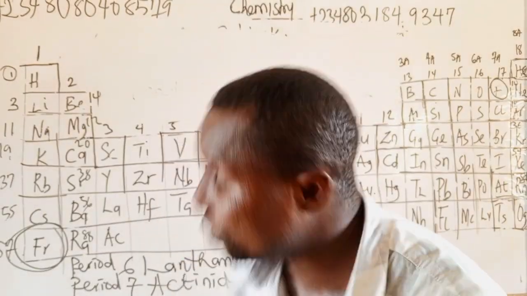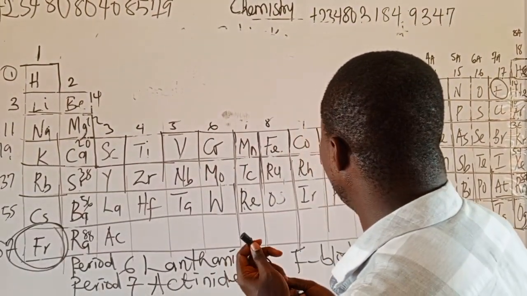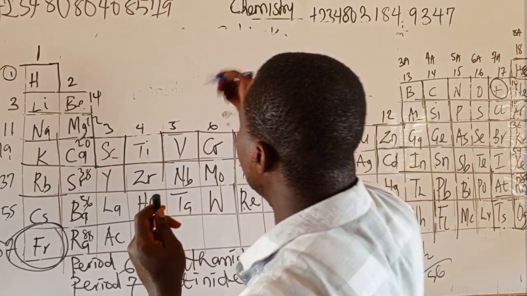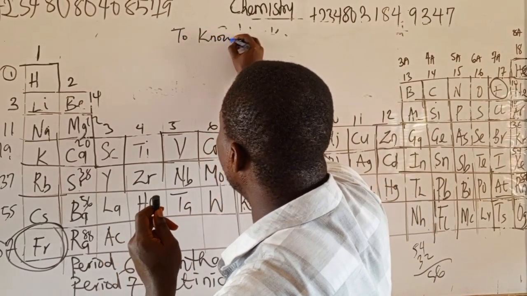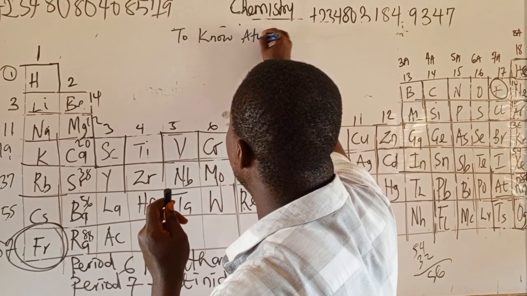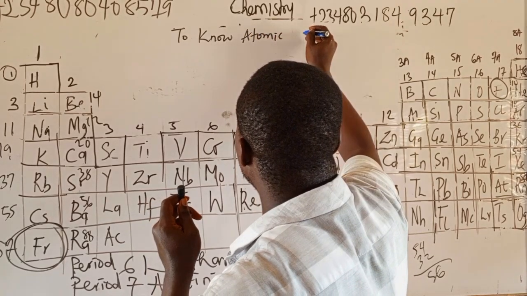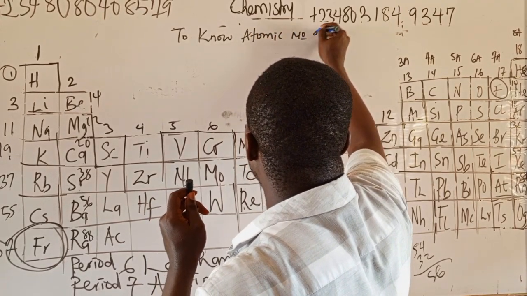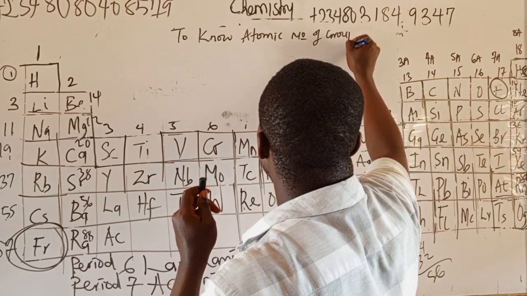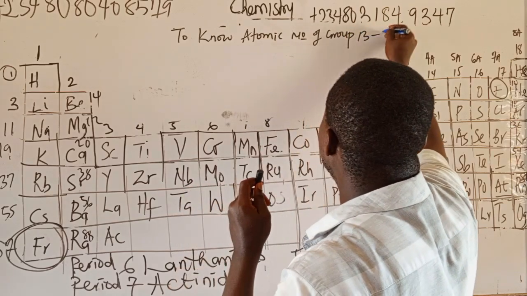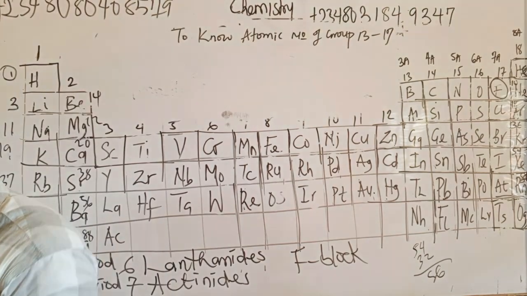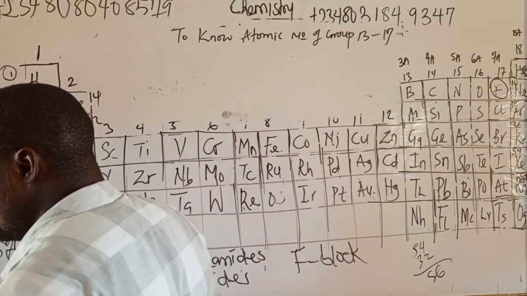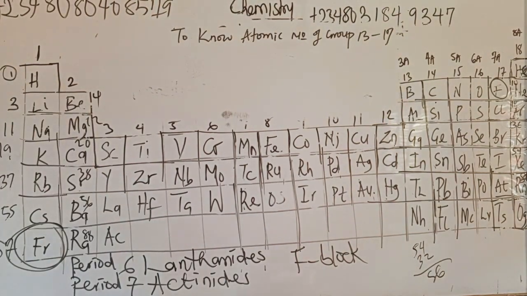Before we move, let me quickly explain transition letters, and how to know the atomic number. To know the atomic number of group 13 to 17, we have a special number for that one too.